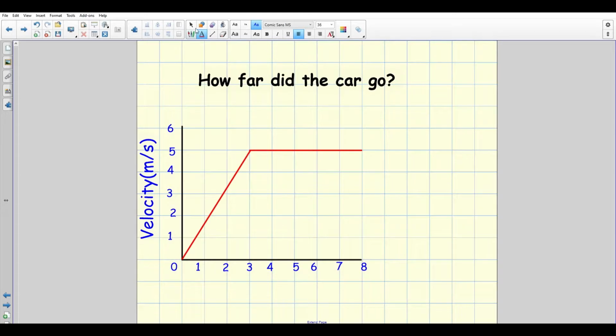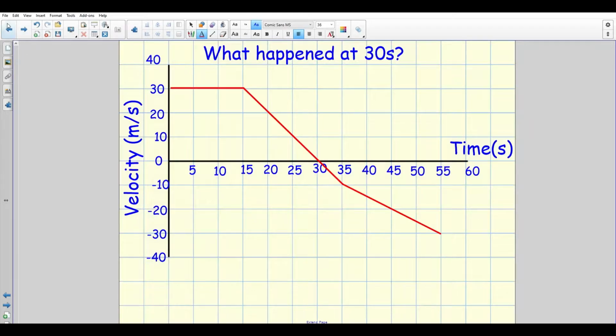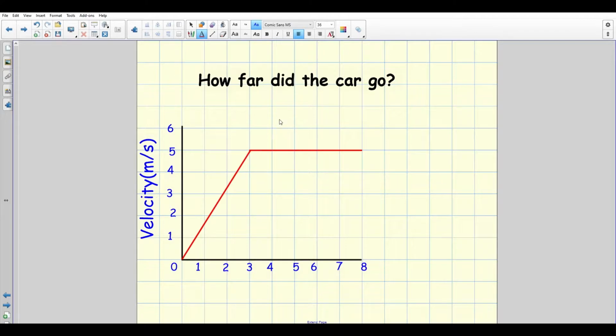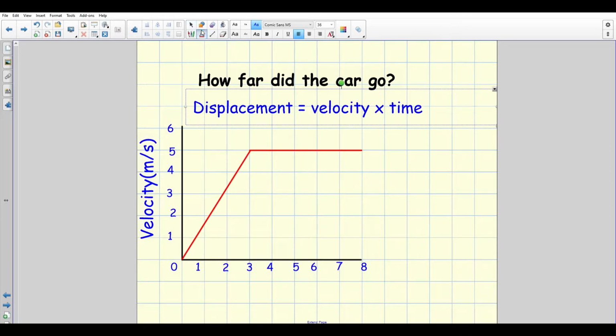Right, looking at this now, last couple of little bits. First off, how far did the car go altogether? This is all about using the equation displacement equals velocity times time, and linking that to what we know about shapes on graphs and shapes in general.